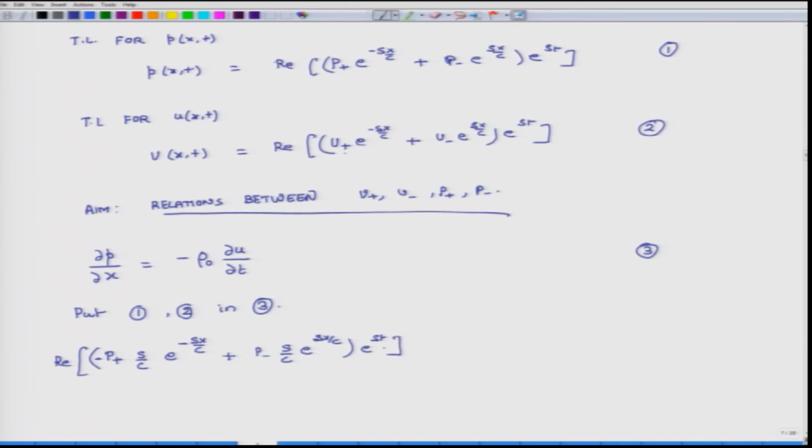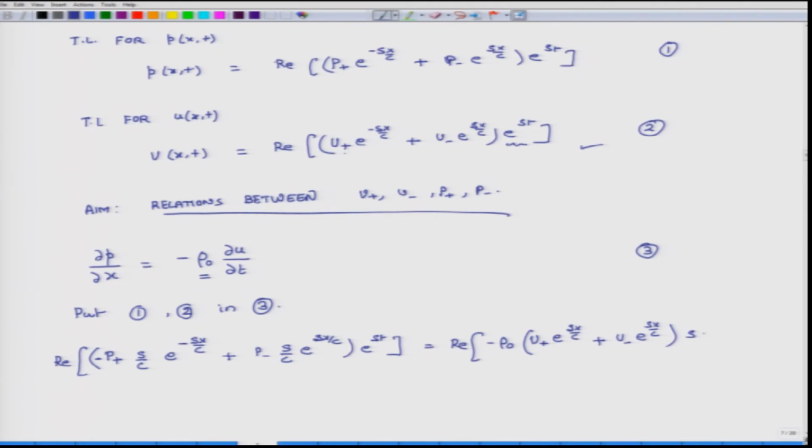This is the left side. On the right side I get real of, and here I have a density term, so minus rho naught, and then I differentiate u with respect to t. So, I get u plus e to the power of s x over c plus u minus e to the power of s x over c, and this is the term which relates to time.